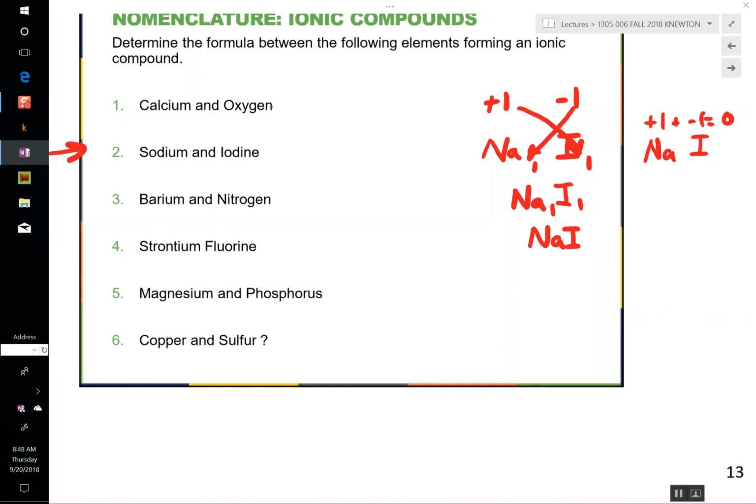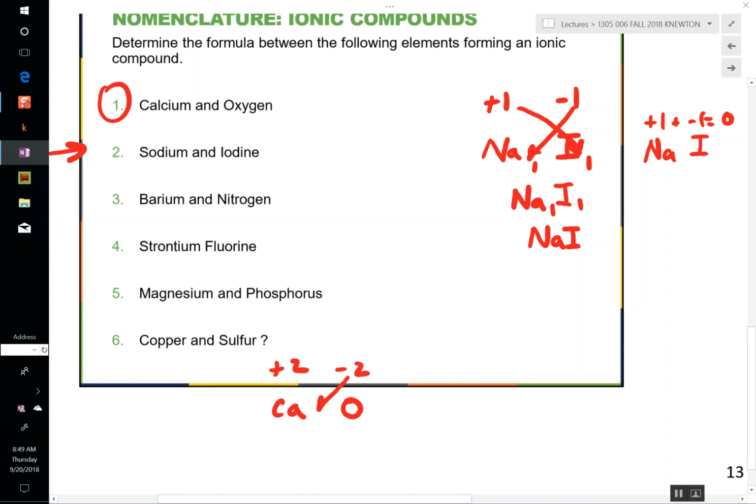Okay, let's take calcium oxide. Let's look at this one. Calcium oxide. Charge on calcium, plus 2. Oxygen, or oxide ion, minus 2.